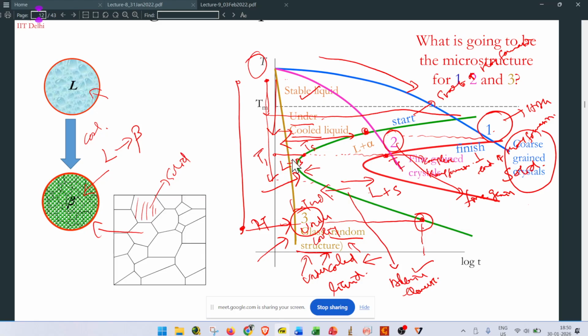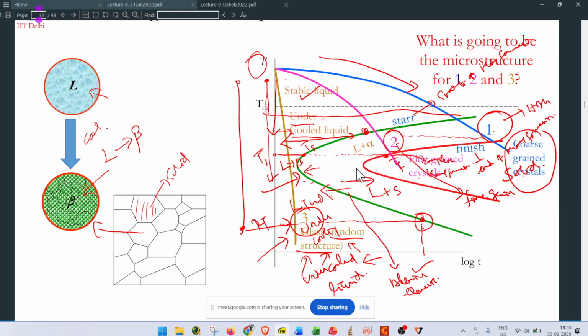So every curve has a nose point, right? The starting stage has a nose point, and the ending stage also has a nose point. You mentioned only one nose point.